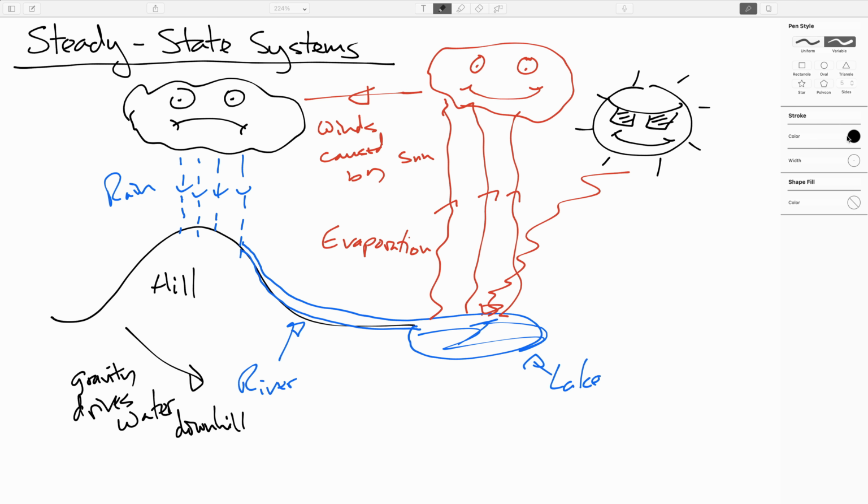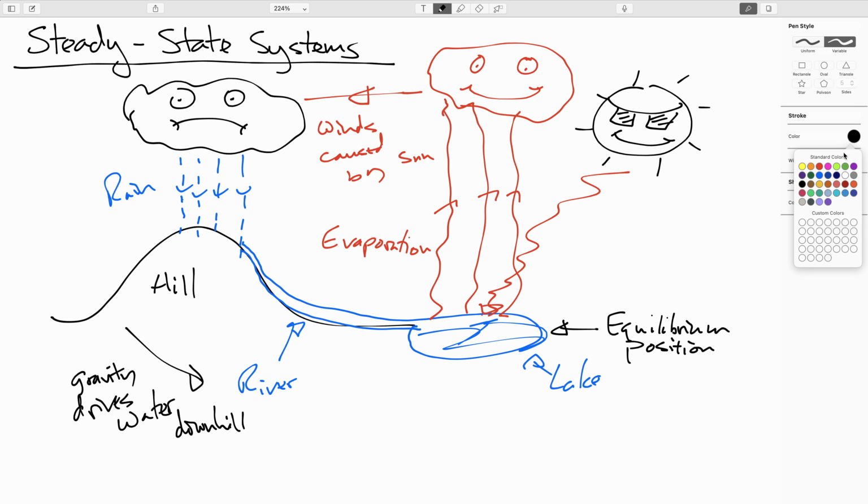Now, in equilibrium, the water would all just end up here. All in the lake, probably frozen too. But what we have is the sun heating the water.